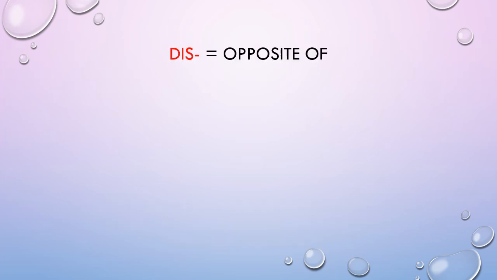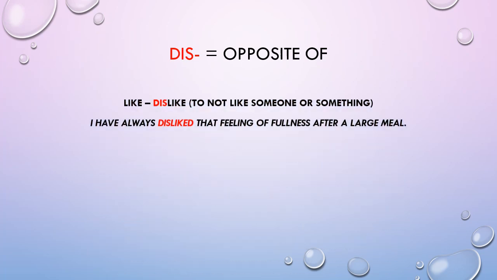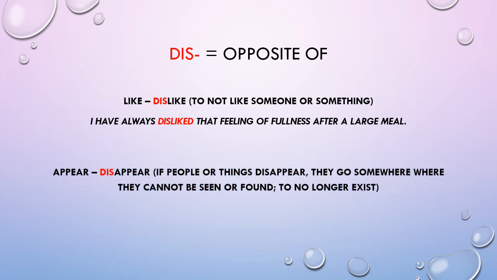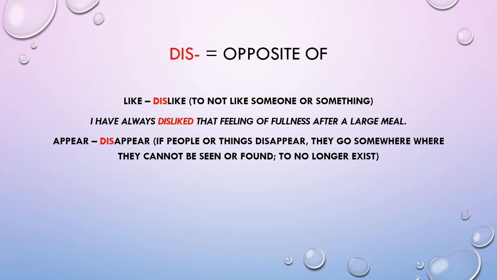The meaning of the prefix dis is opposite of. Like, dislike. That means to not like someone or something. For example, I have always disliked that feeling of fullness after a large meal. Appear, disappear. If people or things disappear, they go somewhere where they cannot be seen or found.